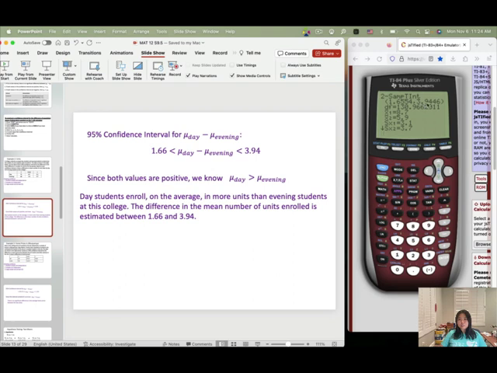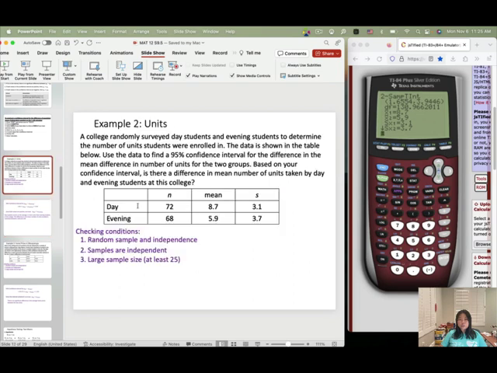So this is what we get. 1.66 to 3.94. Okay, they do have the degree of freedom. It's going to be 130.97. Okay, and actually you could see if you guys using the t-distribution table, you may want to find the degree of freedom is going to be 67. We're going to find the smaller one, 67.